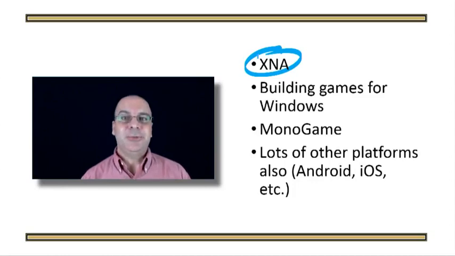Now, like any tool, especially in technology and game development, XNA will not be around forever. But it's really useful to learn XNA because it uses C#, which is a language that is becoming more used in game development, especially in engines like the Unity game engine. It lets us understand how game development works in general.